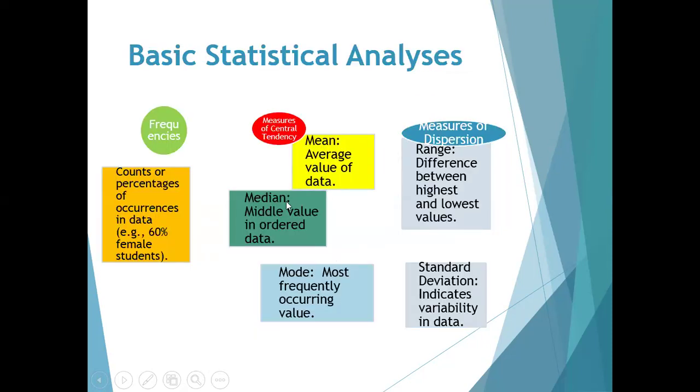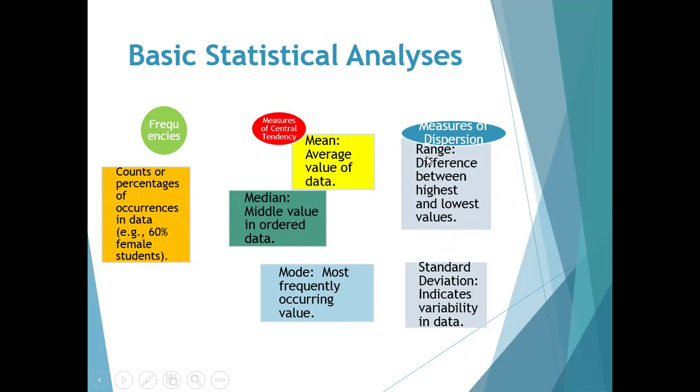You have to get mean, median, and mode. Okay, sometimes maybe you won't have all those things in your research, okay? But you have to have some of them because these are the things that could serve to support your research.